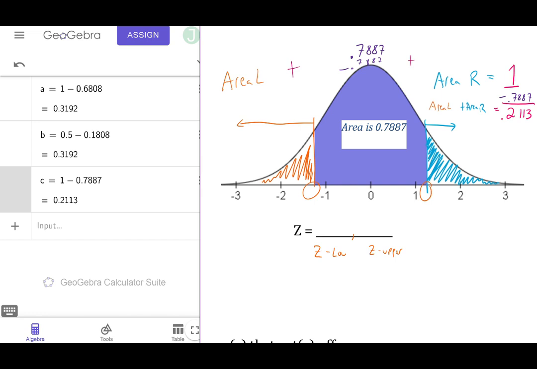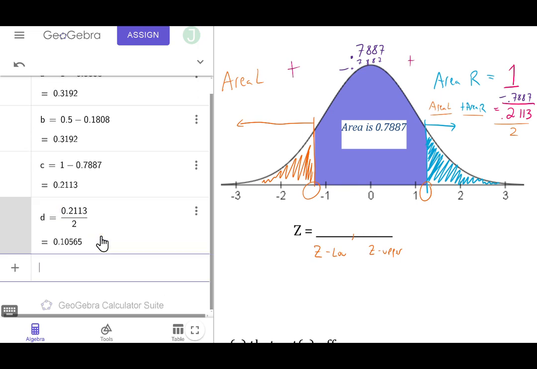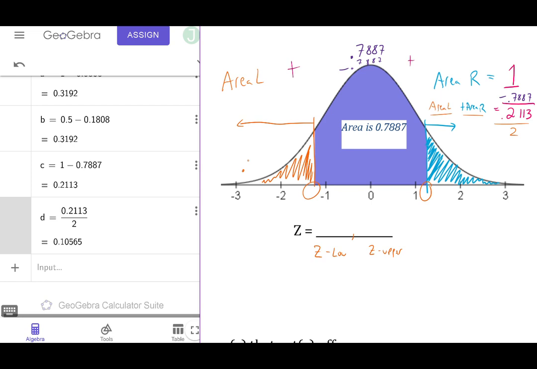Now, since this graph is symmetric, each of these regions will be the same. So if we divide this by 2, 0.2113 divided by 2 will be 0.10565 and 0.10565.